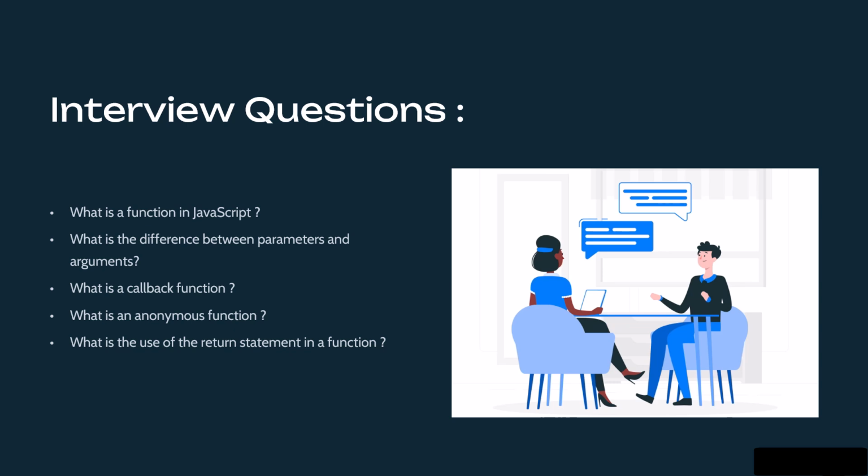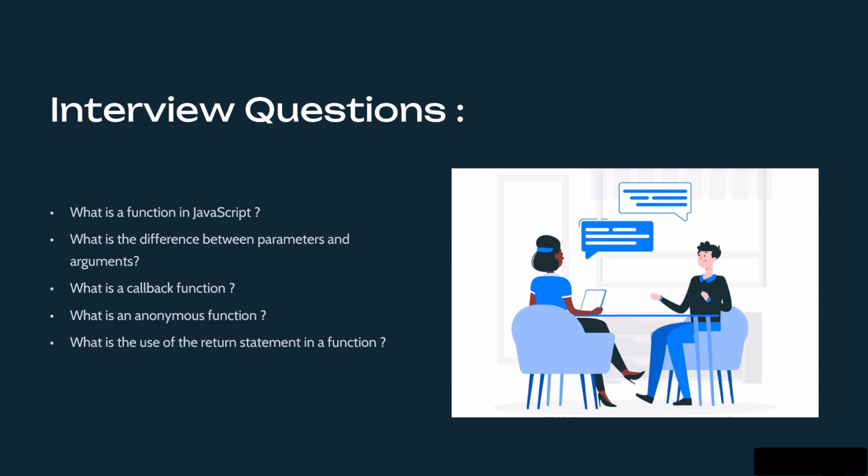Next one is interview questions. Now let's look at some common interview questions and their answers. First question is, what is a function in JavaScript? As we have seen in the first slide, a function is a block of code that does a specific task. You can use it many times by calling it.